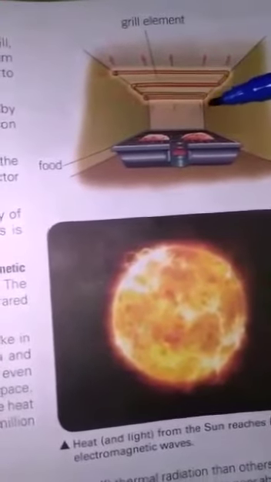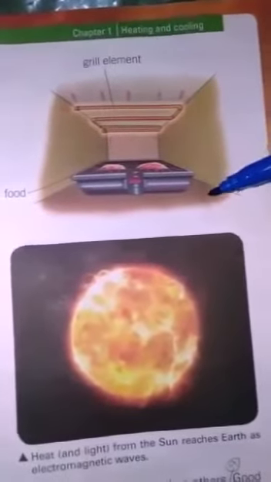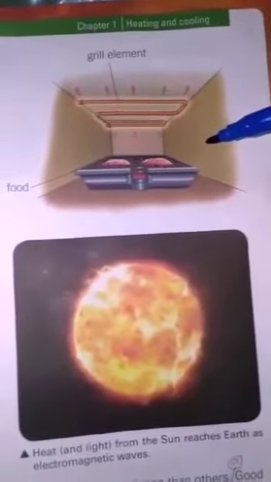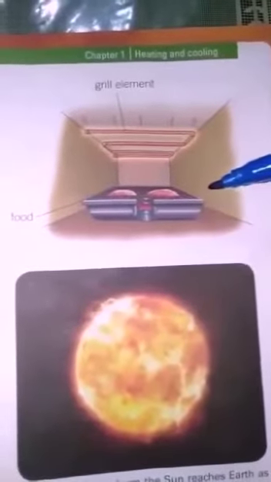Heat must travel downward to cook the food, but this heat cannot be carried by convection because convection carries the hot air upward. The heat cannot be conducted to the food because air is a bad conductor of heat. There is another way by which the heat reaches the food to cook it.